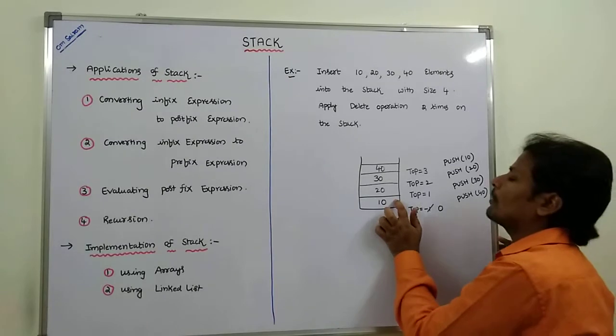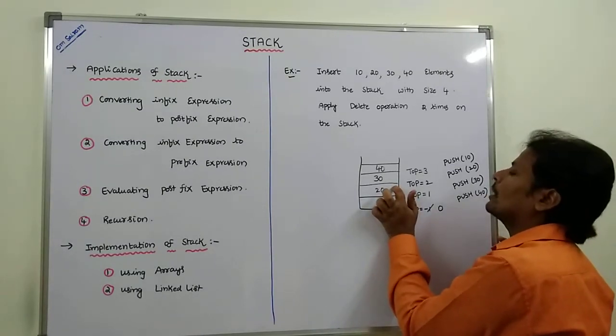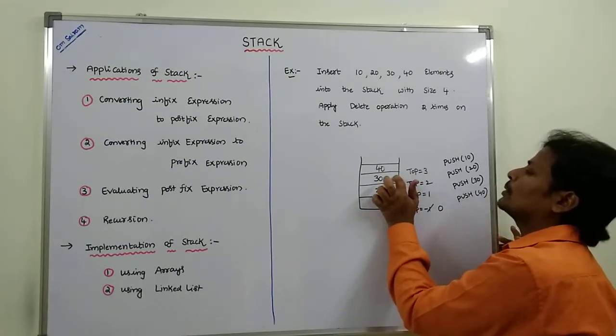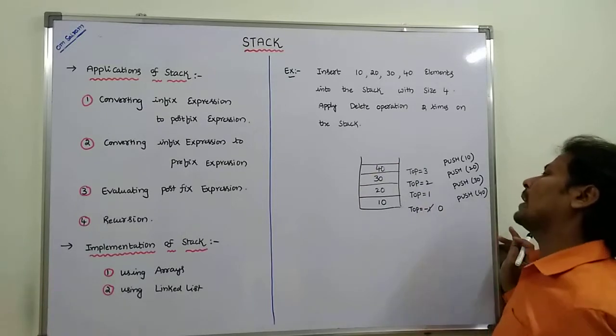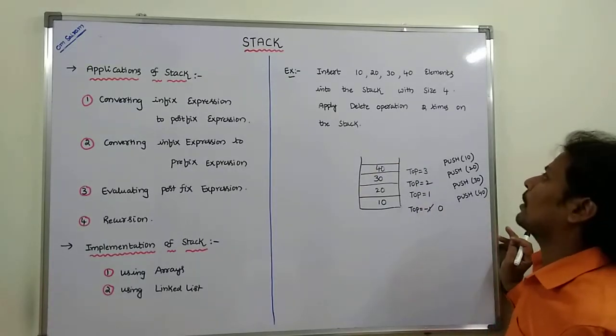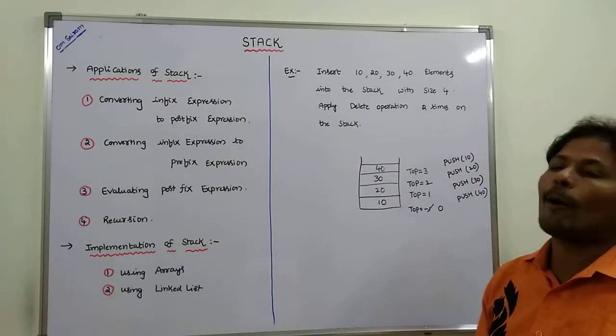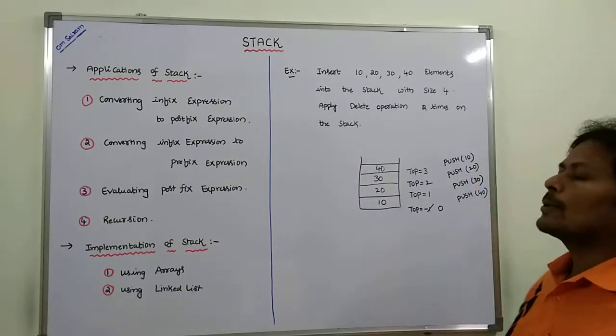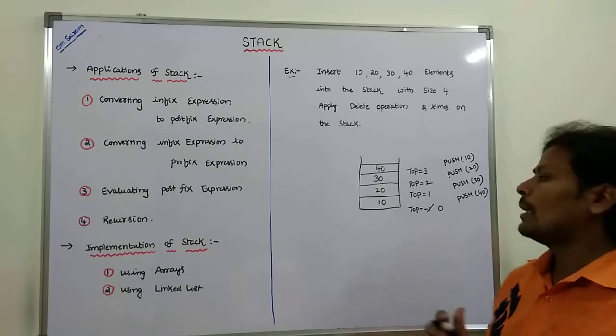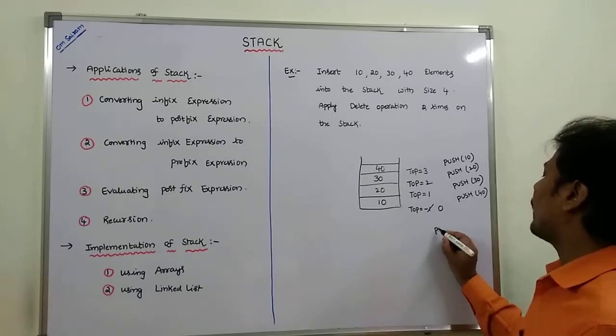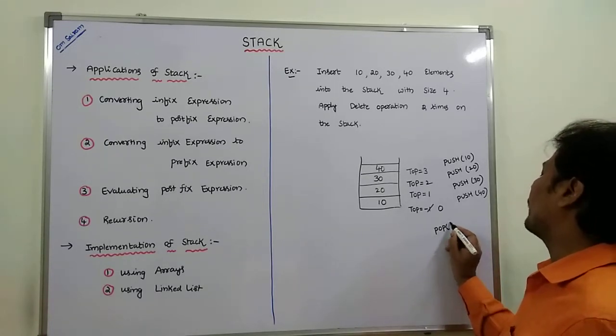This is top equal to 0. This is top equal to 1. This is top equal to 2. And this is top equal to 3. Now we are performing the delete operation 2 times. First time the pop operation is performed.